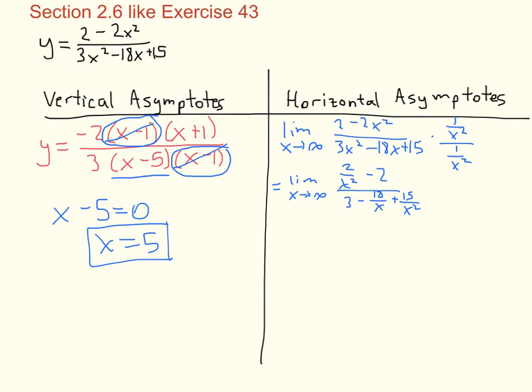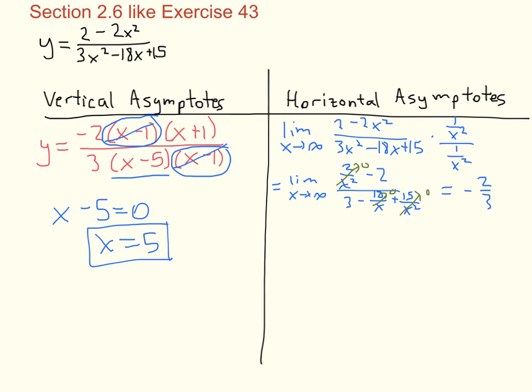And then again, we can take the limit of the top and the limit of the bottom by our laws of limits, take the limit of each part, and so we're going to get that this part goes to 0, this part goes to 0, this part goes to 0, and we just end up with -2/3. And so we have a horizontal asymptote at y is equal to -2/3. So there's our first one.